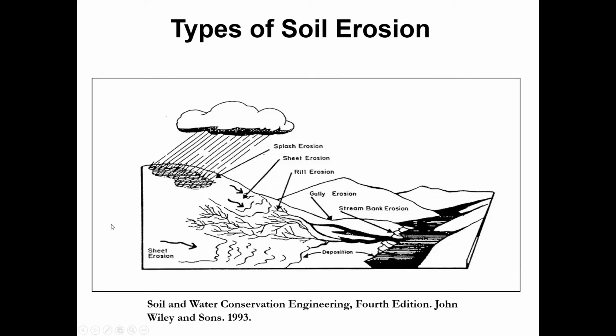And when the rill gets bigger, it's known as gully erosion. Stream bank erosion, however, is when the water in the river or the stream actually erodes the bank of the river, causing soil particles to be deposited in the water and eventually lead to sedimentation.